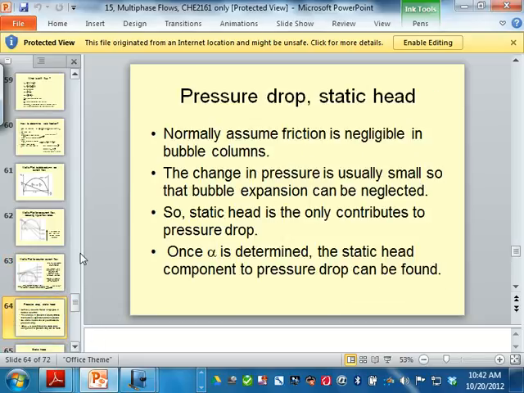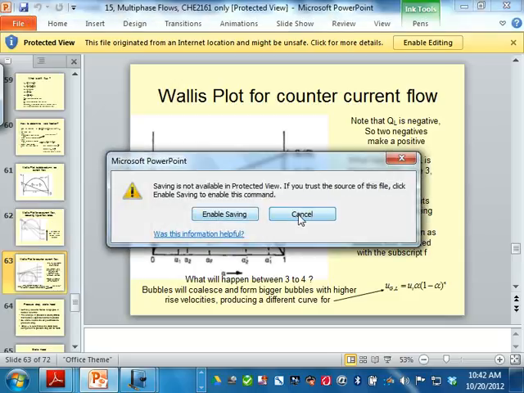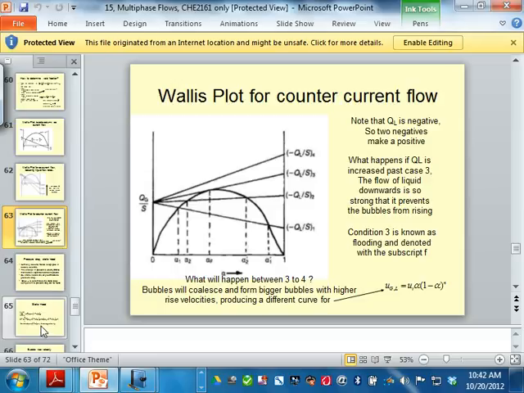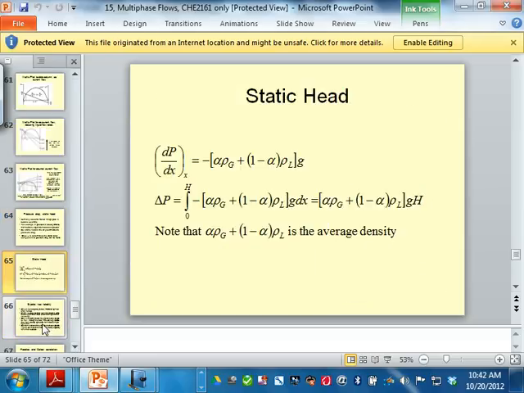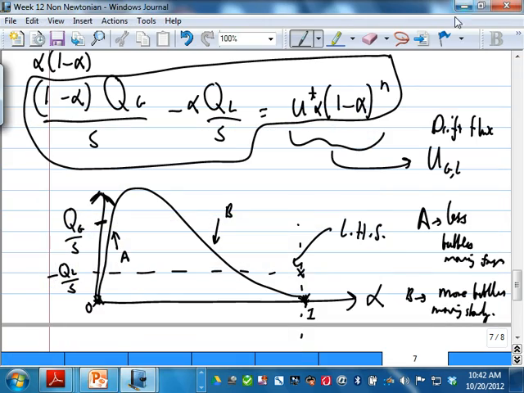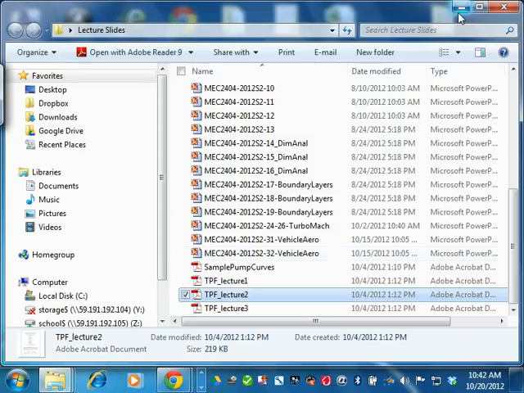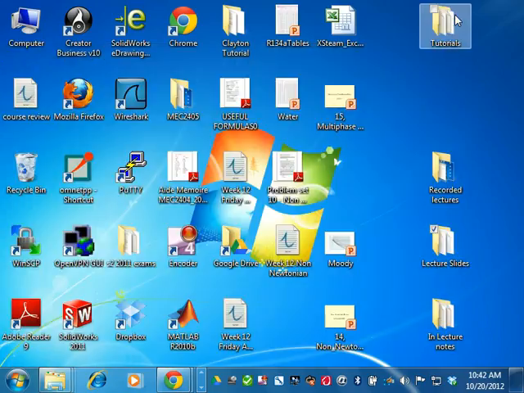All right. Save. Cancel. Is there a problem here? No. Let's do the tutorial one. Okay, save this one. Can I download it? No. You can download it, go here.